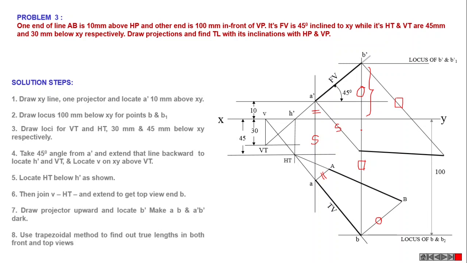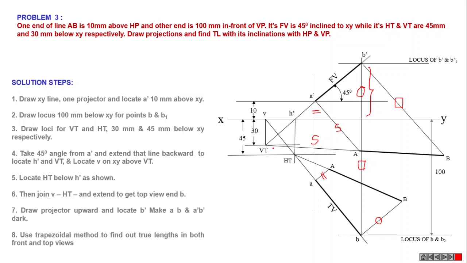By extending the true length, we can easily locate the vertical trace. We have already located that vertical trace, and we can counter check that the meeting point of front view and true length will become VT by extending that true length. We can find that the extension passes through point VT.